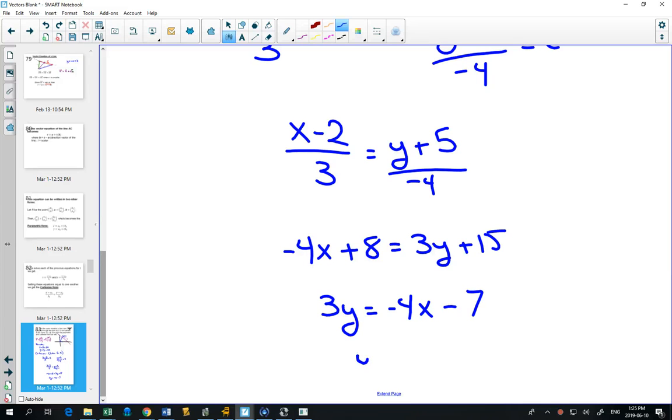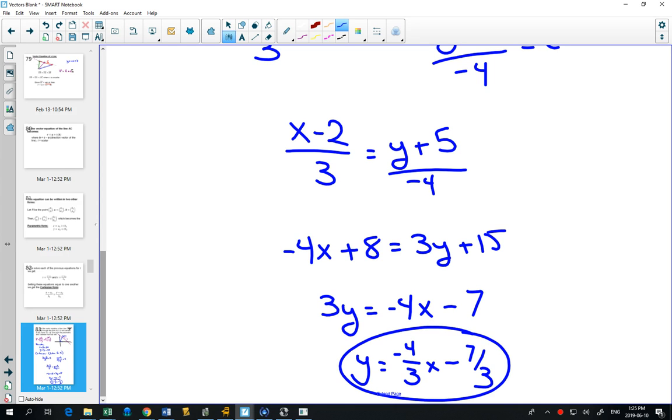And dividing everything by 3, I can rearrange it and find out, hey, that's y equals mx plus b. Was the slope of my line negative 4 over 3? Yes. And now I know my y-intercept happens to be negative 7/3. But I get that value by rearranging my Cartesian form. So the Cartesian form is connected to what we've done in the past with y equals mx plus b.